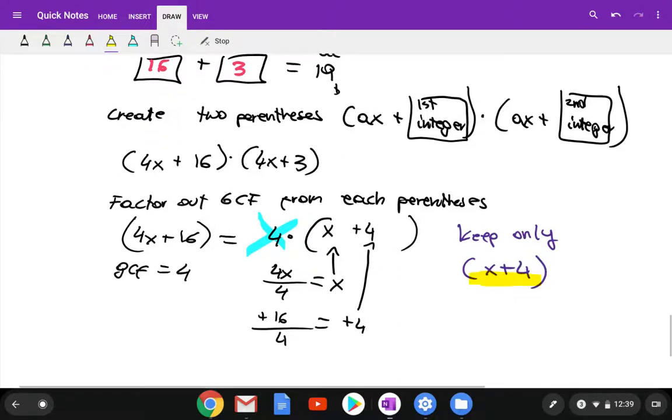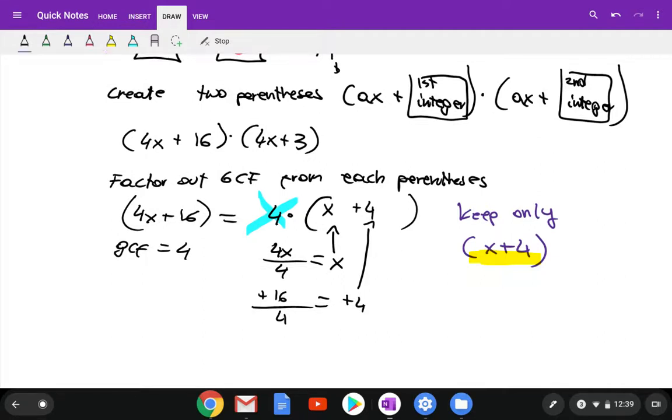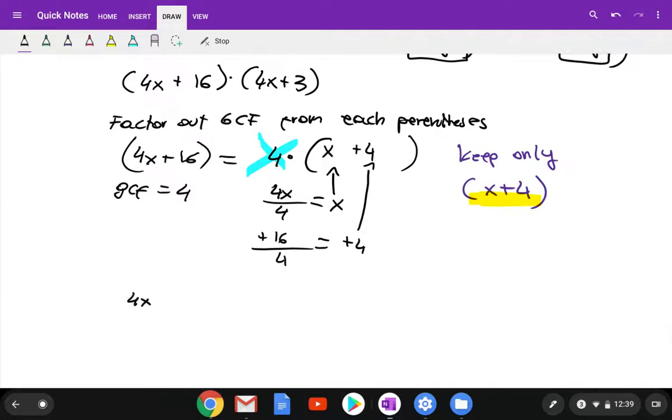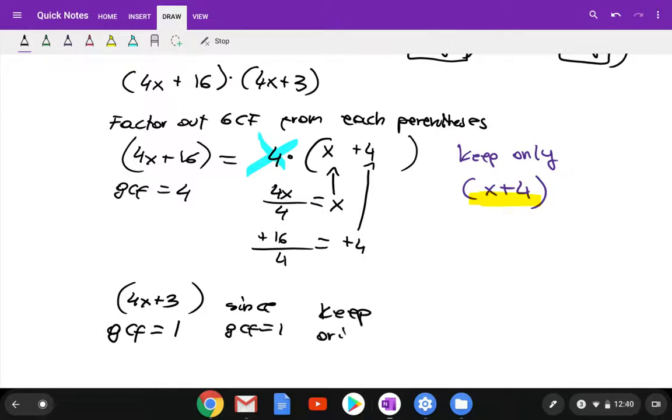We're going to do the same thing with the second parenthesis, which is 4x plus 3. Here the GCF is 1. There's no way that you can find the integer which can divide 4 and 3 to get a whole number. So since GCF equals 1, keep the original parenthesis, which we're going to keep: 4x plus 3.